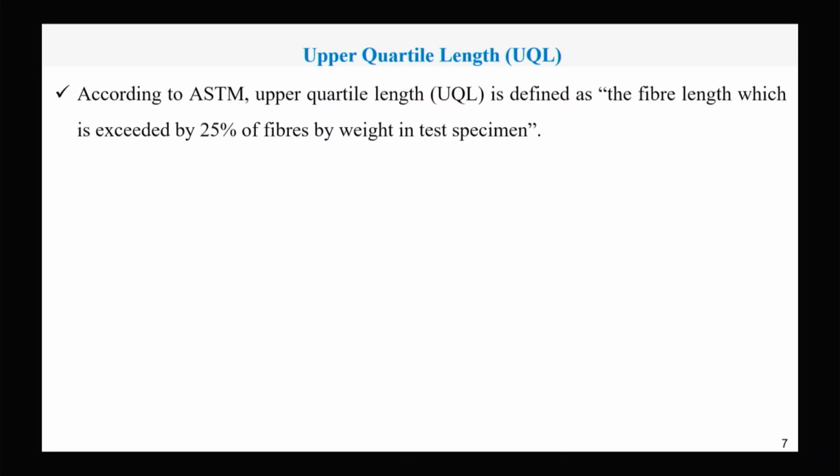Upper quartile length. So this upper quartile length is defined as the fiber length which is exceeded by 25% of fibers by weight in the test specimen. This is the definition.